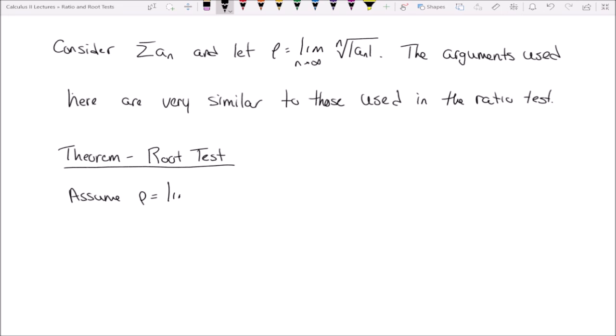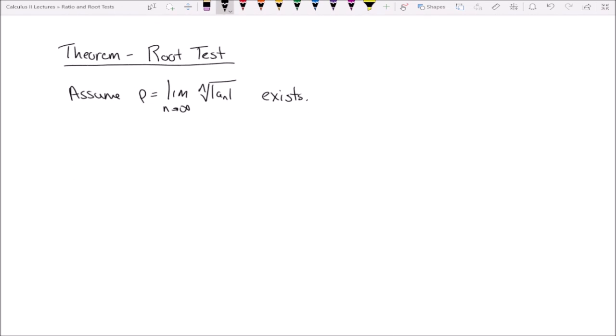We assume that rho, which is the limit as n approaches infinity, the nth root absolute value of a sub n, exists. If rho is less than 1, then the series a sub n converges absolutely.